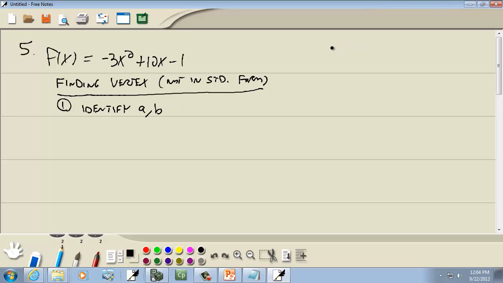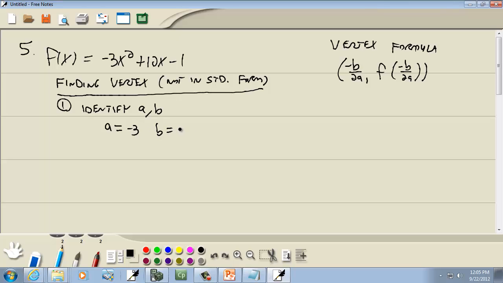Let me put the formula up here. This is from a page we just did. Vertex formula is negative b over 2a, and f of negative b over 2a. So we identify a and b. Now a is the number that's before our x squared, which is negative 3, and b is the number that's before our x, which is 12.